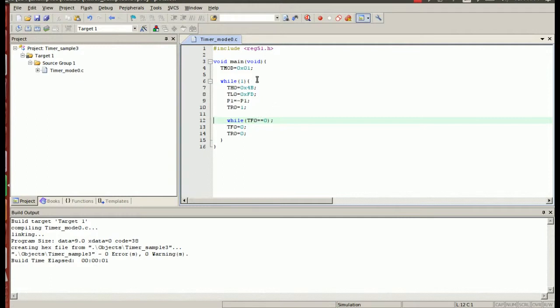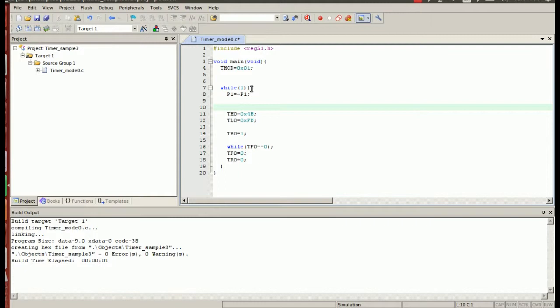I am going to take the toggling of port 1 out of the while loop, and put it as the first statement within the while loop.